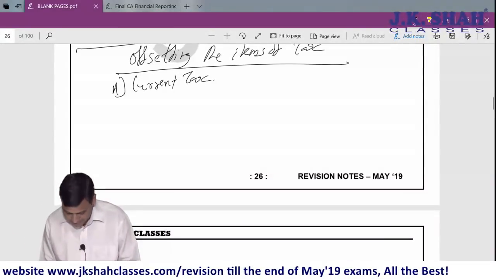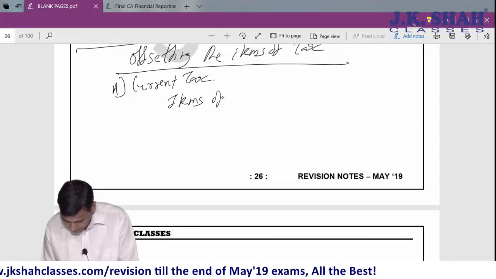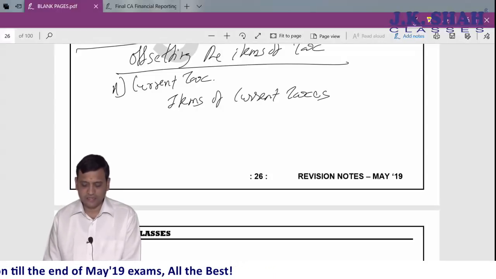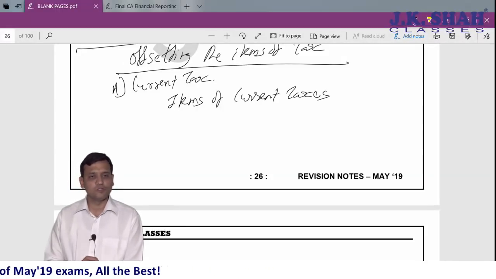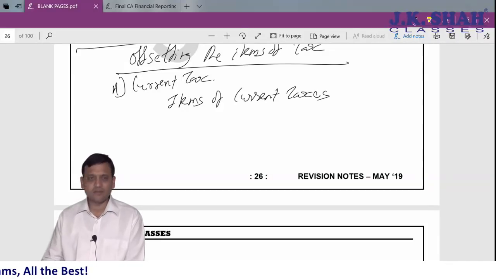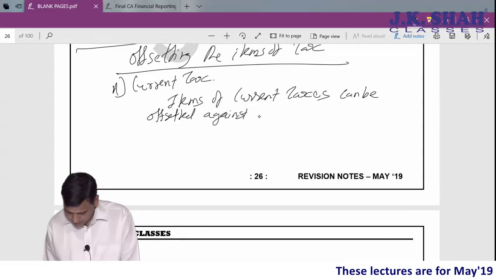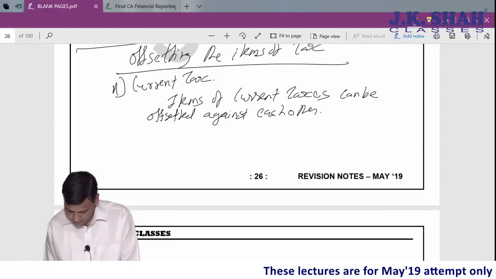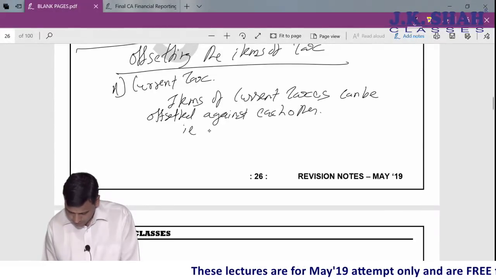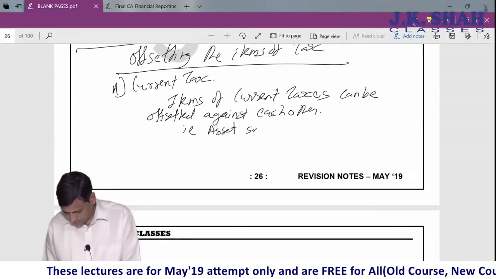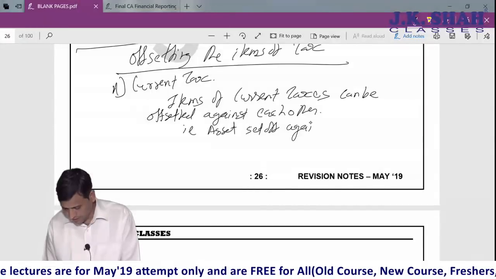Yes. Standard says items of current tax, that is nothing but provision for tax and advance tax or nothing but TDS, can be offsetted against each other. That is, asset set off against liability and vice versa.